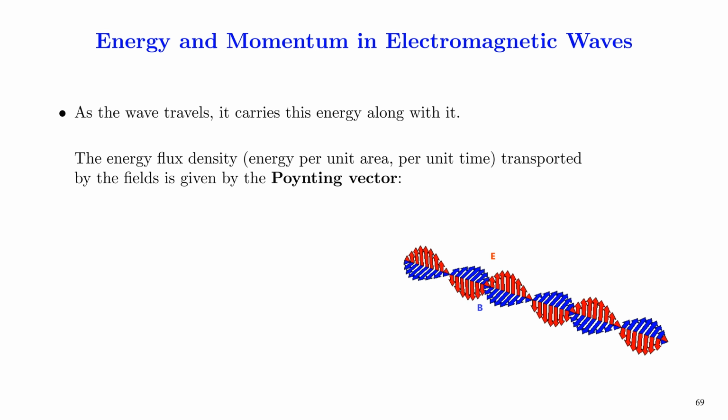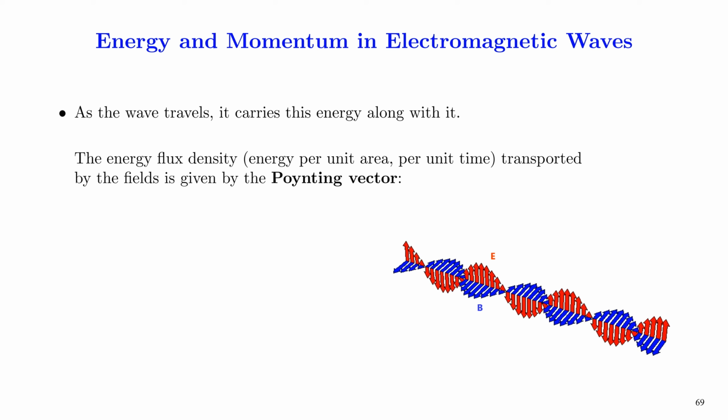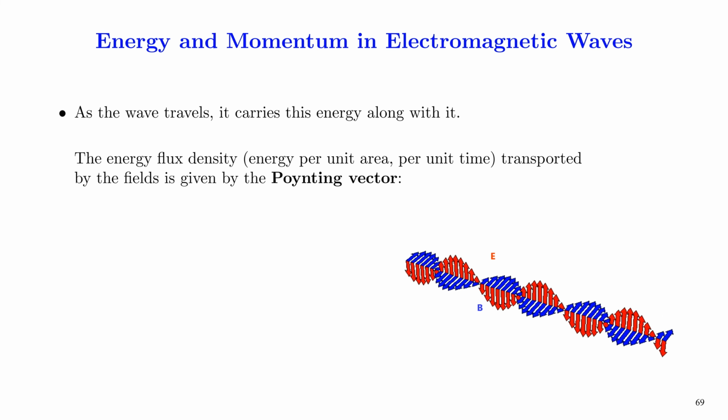We define the energy flux density, that is energy per unit area per unit time, transported by the fields as the Poynting vector.